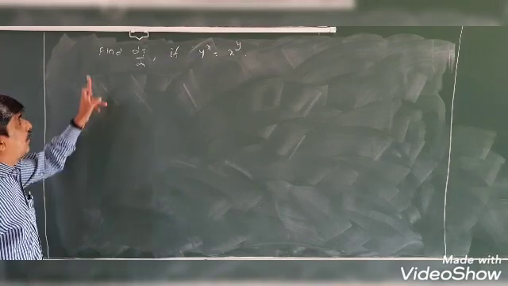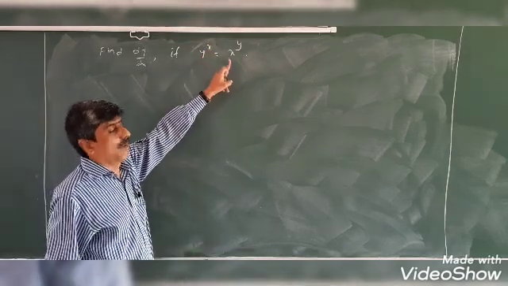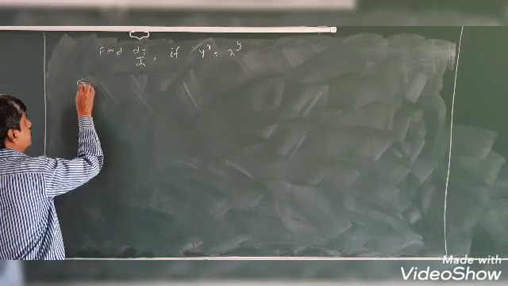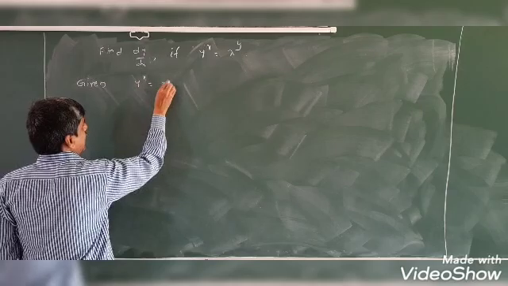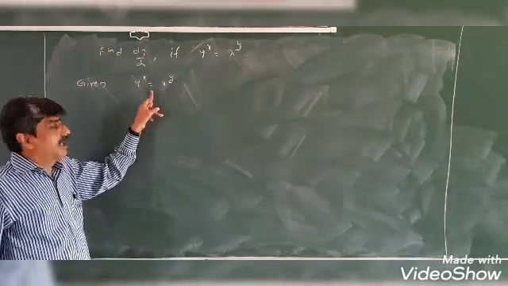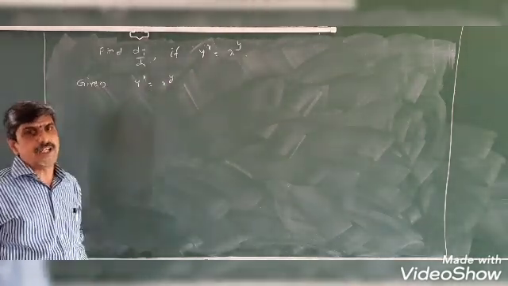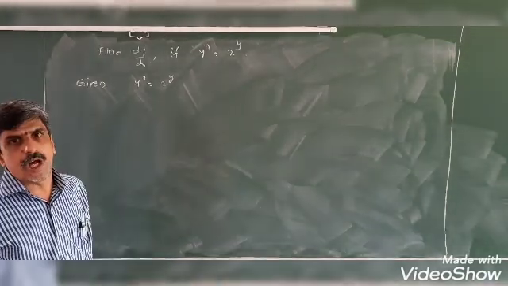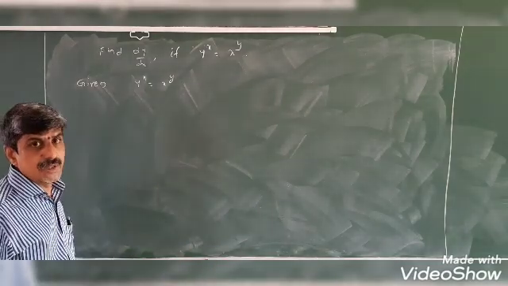Next numerical: find dy by dx if y power x is equal to x power y. Given y power x is equal to x power y. So in this problem there is an equal sign between them, but in previous problems there were plus and minus signs, where we can't write the log, because log of a plus b is not equal to log a plus log b, or log of a minus b is not equal to log a minus log b.